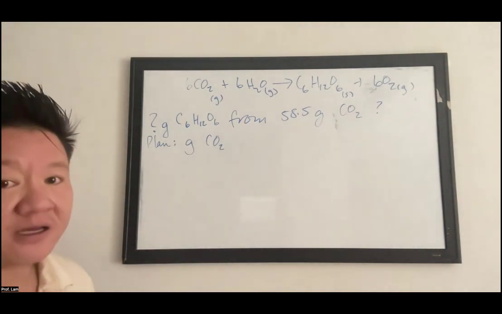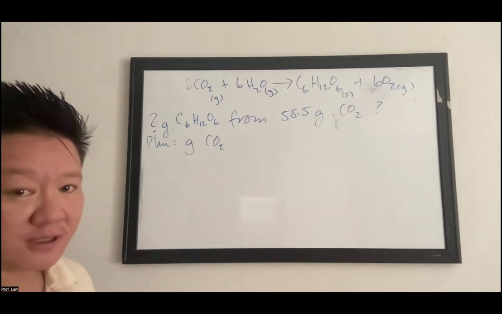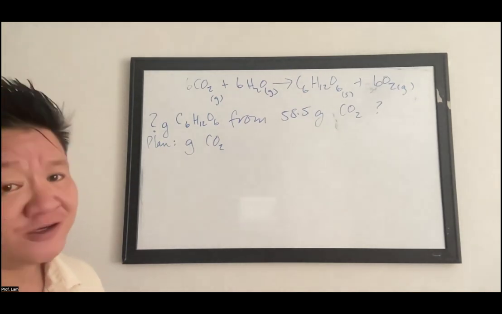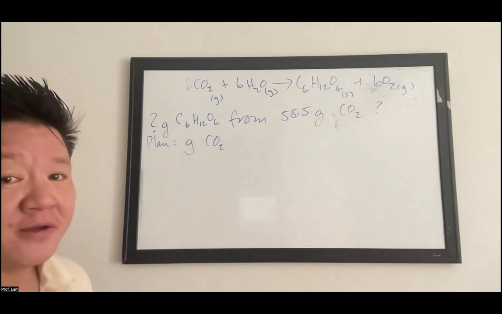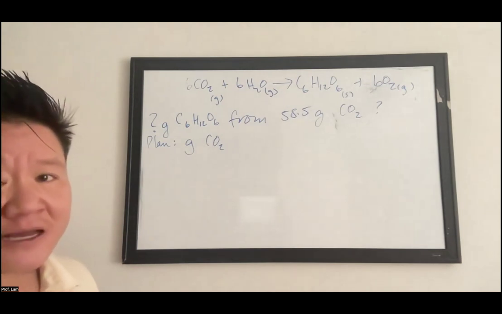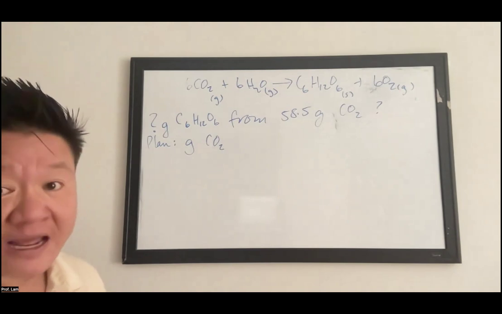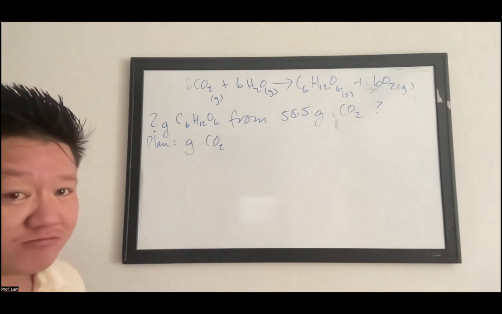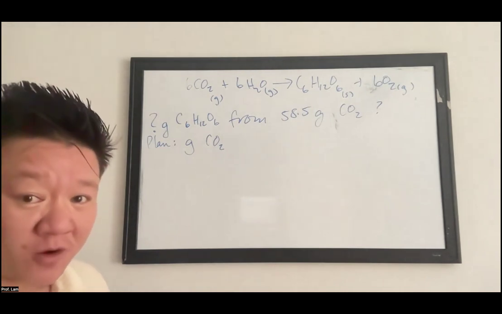And you're going to quickly realize that in all of these chemical stoichiometry problems, the first thing you need to do is get things to moles, because chemical reactions react in moles and not in grams. So anything that you're given, you're probably going to have to go to mole, right?